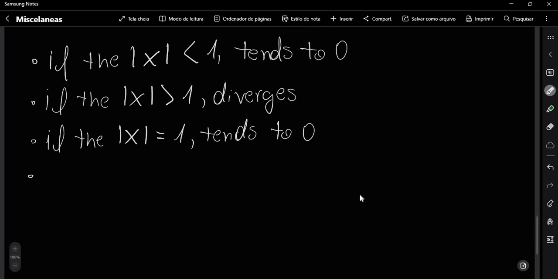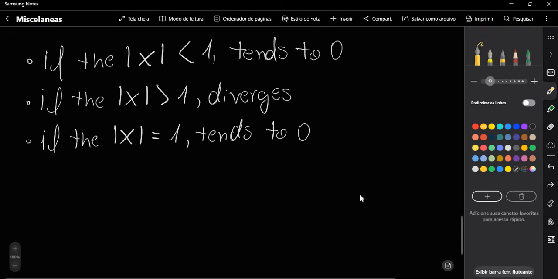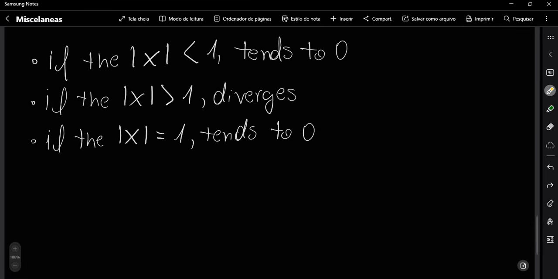And now if x is exactly minus 1, it will oscillate.